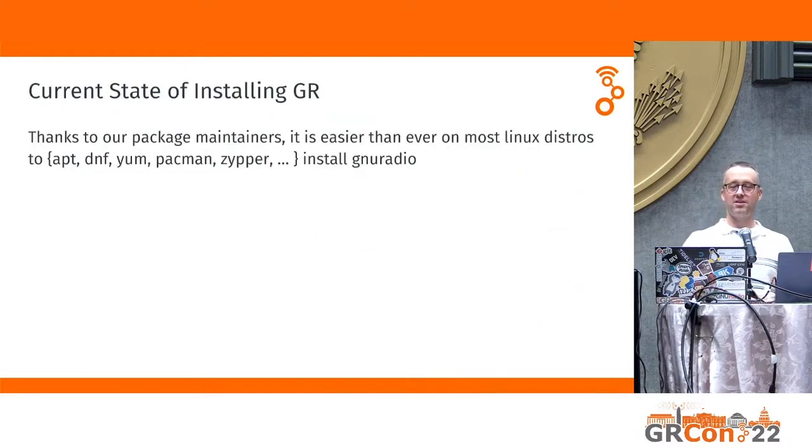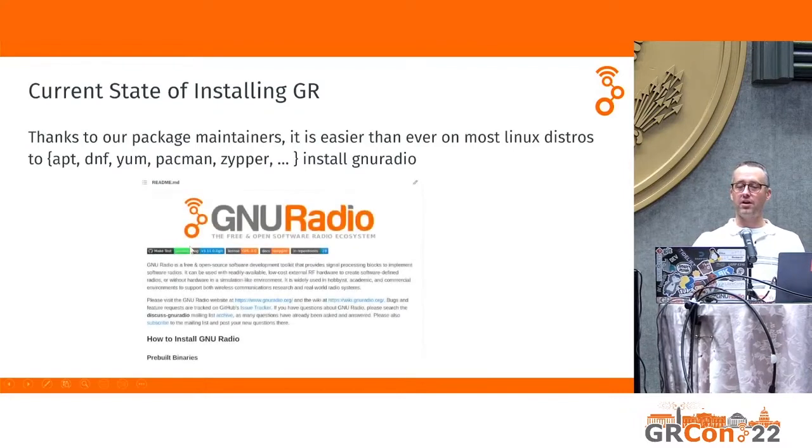All right. So as far as packaging goes, there's a lot of work behind the scenes that our packaging maintainers do, so that from your distribution, you can just go in and apt install, yum install, whatever it is, GNU Radio, and it just installs. And if you look on our GitHub, there's a little badge right here.